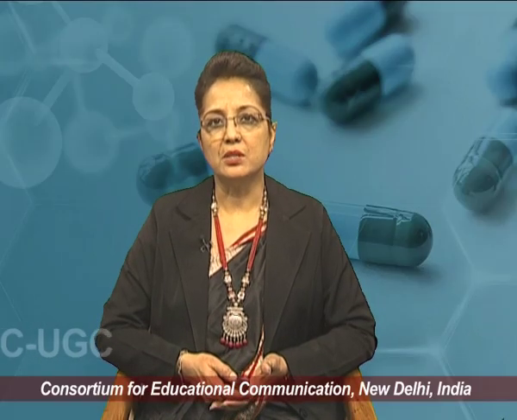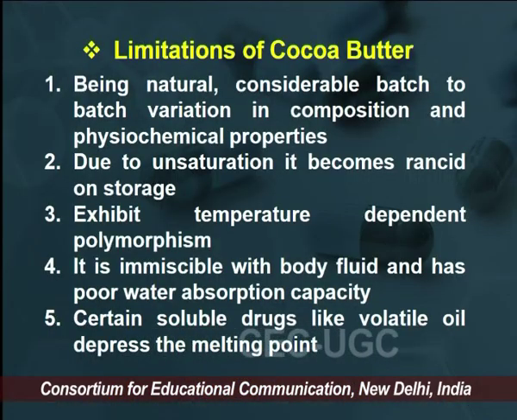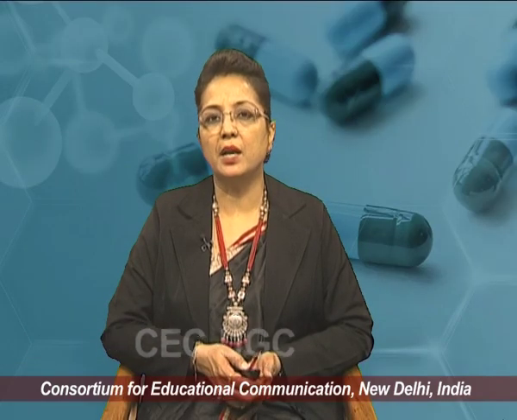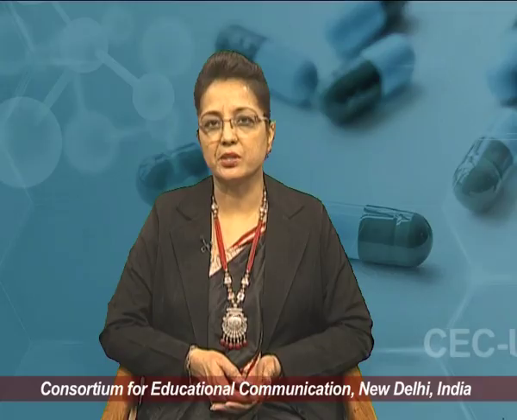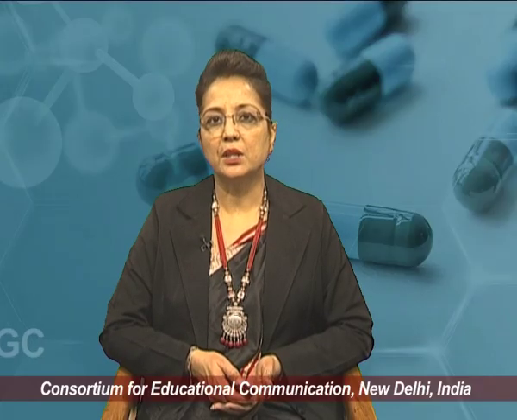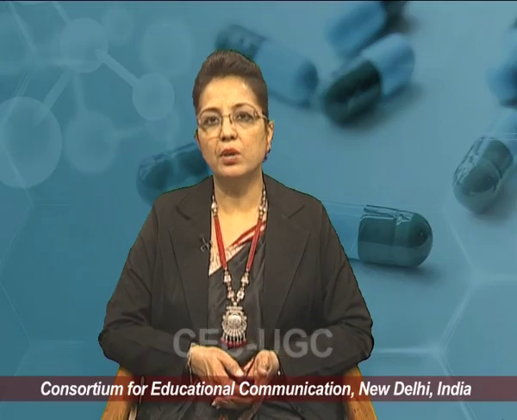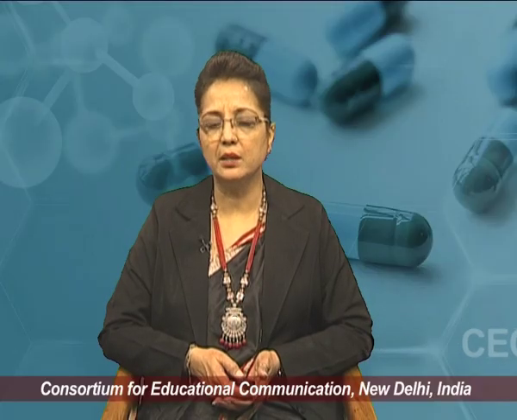The next challenge is that certain soluble drugs, especially drugs like volatile oils, depress the melting point. Now, when the melting point of cocoa butter is depressed, it becomes very soft and malleable when it is handled by the patient for insertion, which is not a good characteristic. As we said, 30 to 35 degrees is its general melting range, but when a soluble drug is added to it, its melting point depresses, and it goes below 30 degrees.